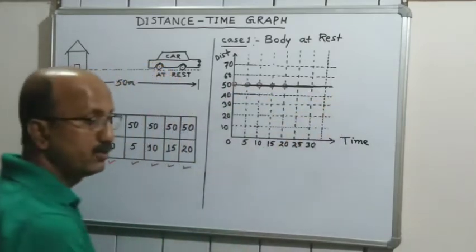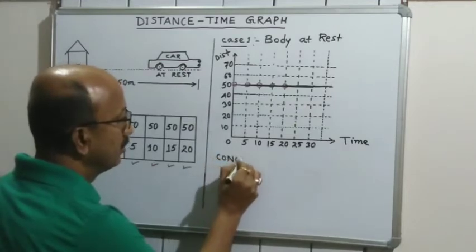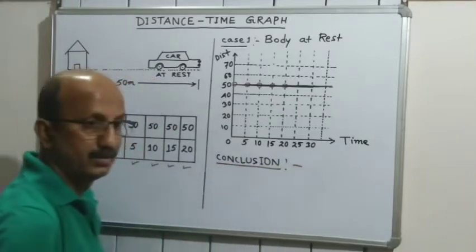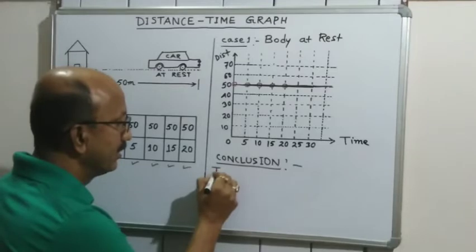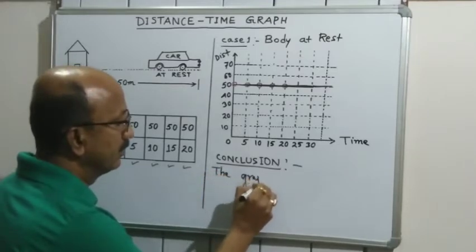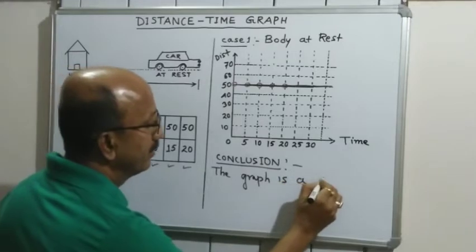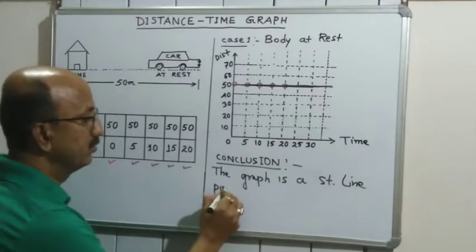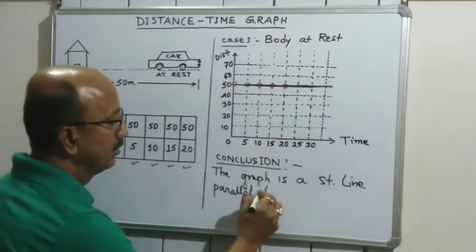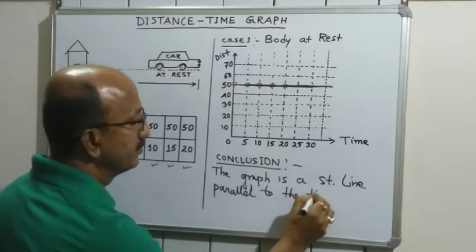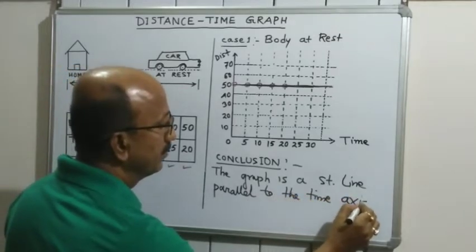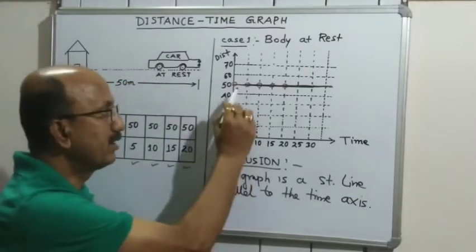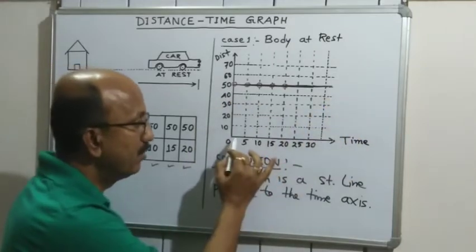So here we conclude that the graph is a straight line parallel to the time axis. The conclusion is, if a body is at rest, the shape of the graph is a straight line which is parallel to the time axis.